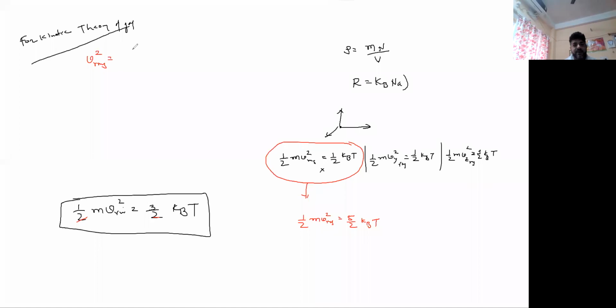So we have 3 kBT by m. If we remove the square, it is root under 3 kBT by m. Now we can multiply it by Na, we can divide by Na. We know R is kB into Na. So what we have, 3R T, that is RT, and mass into Avogadro number, the mass of each molecule into Avogadro number is the molecular weight.